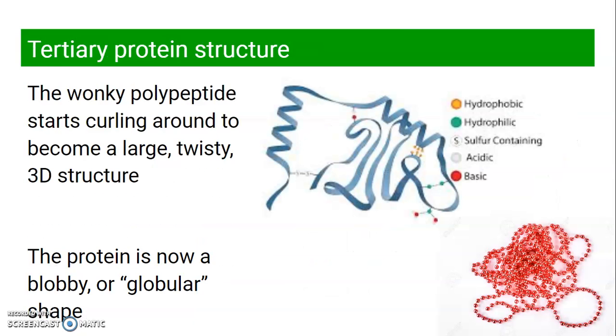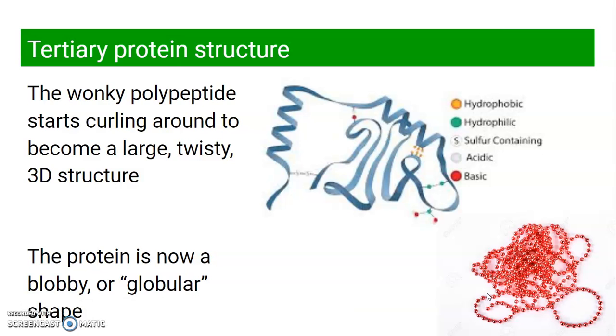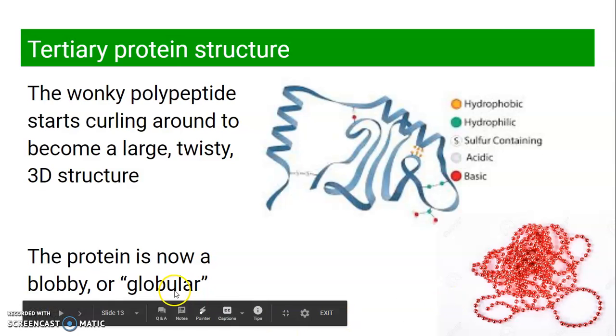Tertiary, so step number 3, or university level protein structure. So now our curvy peptide starts curling around and becoming a large twisty 3D structure. So this would be as if you took that necklace that was all wonky all over the table and scrunched it into a ball. So now it's more of a 3D blob, and we call these globular proteins.